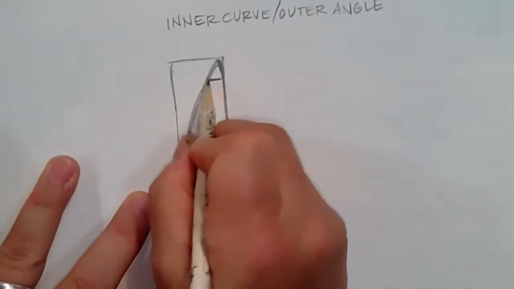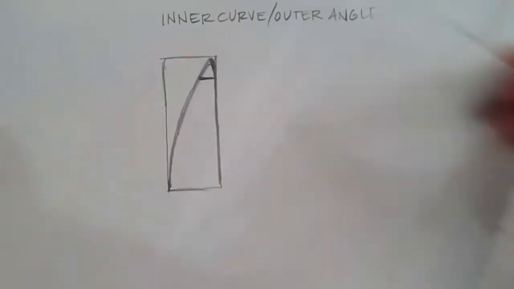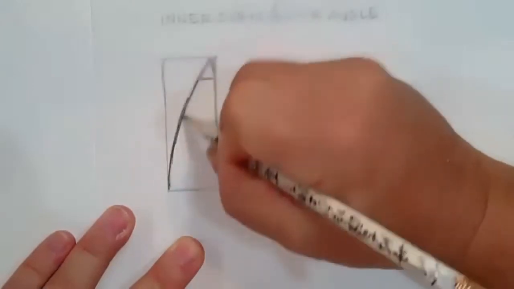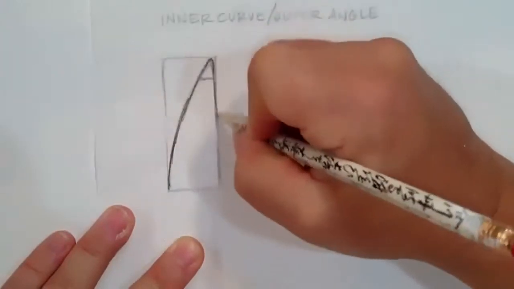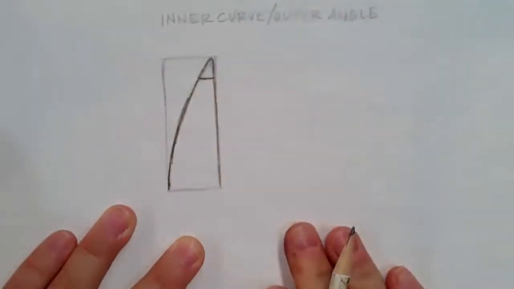I think I'm going to do high because I tend to do things low, okay? So if you wanted to take your tracing paper, let's just say that's my first letter. So my A would look something like this. And let's not worry about putting on the inner curve, outer angle yet. We're just going to create the alphabet.